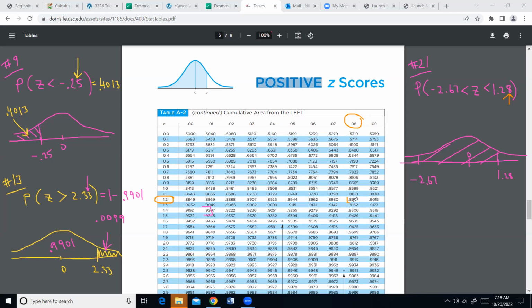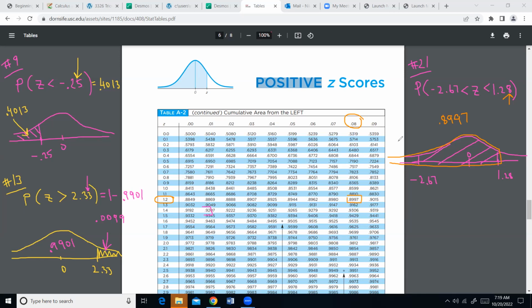So what kind of area did I find? Well, as usual, from 1.28 all the way to the left. So this area I just highlighted, the big area was 0.8997. 89.97 is this entire orange area, which is a little bit more because it has extra little tail, right?